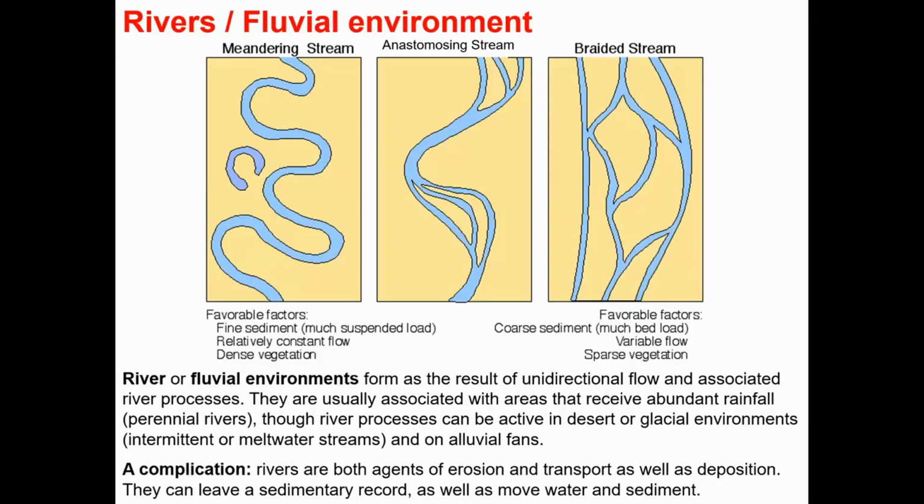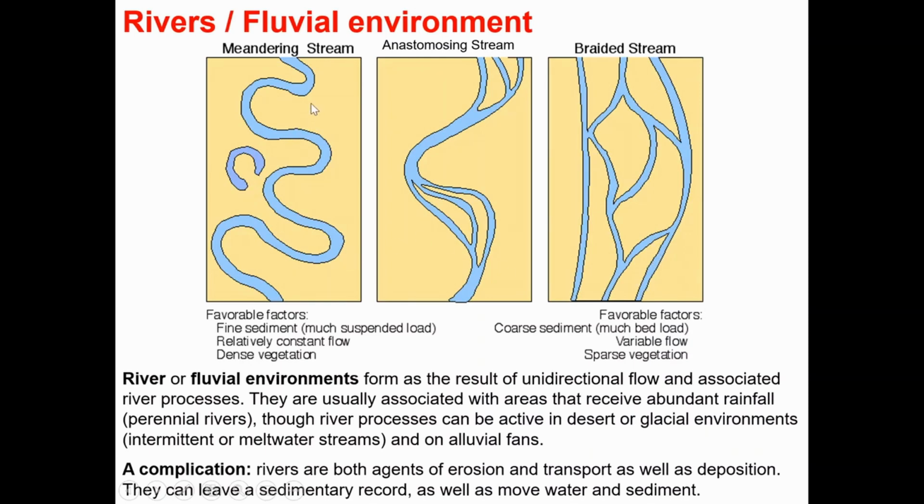In the fluvial environment, there are different types of rivers, and based on the channel morphology, we divide rivers into meandering streams and braided streams, and in the middle there are anastomosing streams. So a meandering river is characterized by a single river channel, while braided rivers have multiple channels.